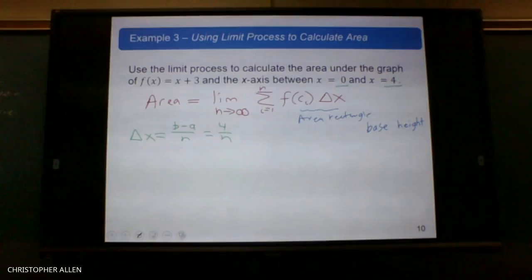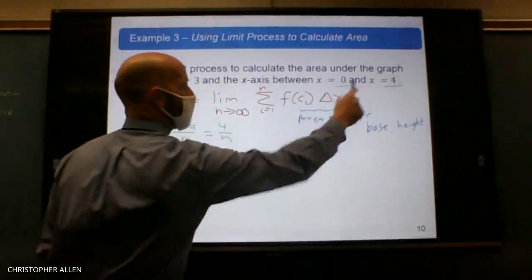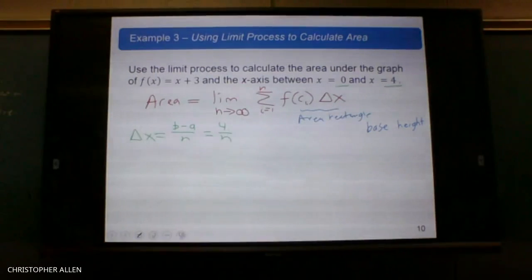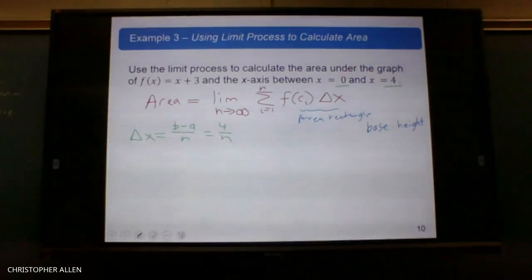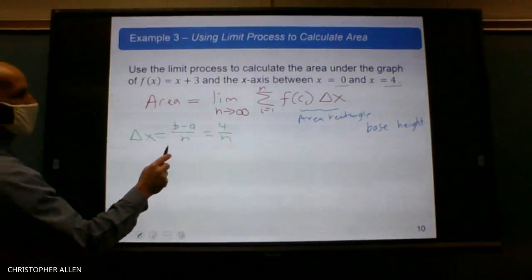In this example, the change in x, the delta x, is going to be 4 over n, where n is the number of rectangles. And by the way, as n grows large, what's happening to that number? It's smaller. Correct. If n goes to infinity, what does that become? Infinitesimally small.